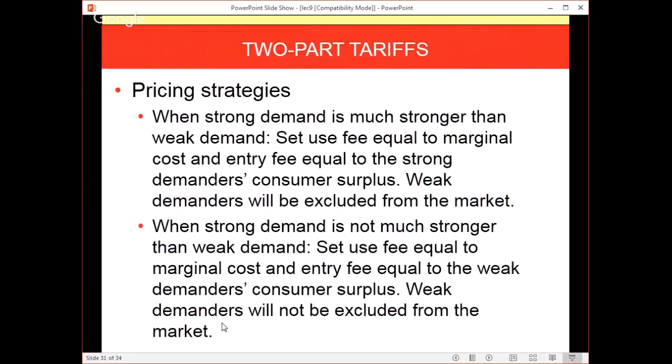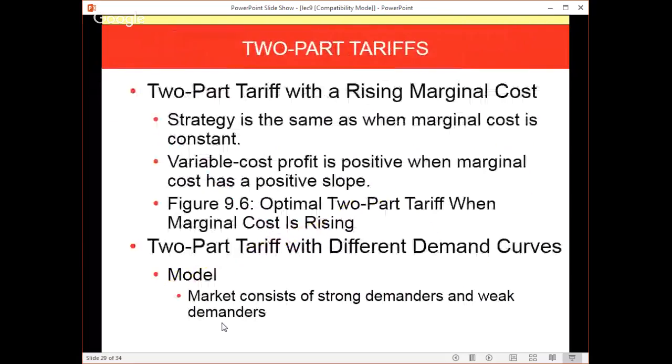So getting back to here, suppose I have a market where I have two separate groups, one that has really strong demand and one has really weak demand. What strategies can I use?